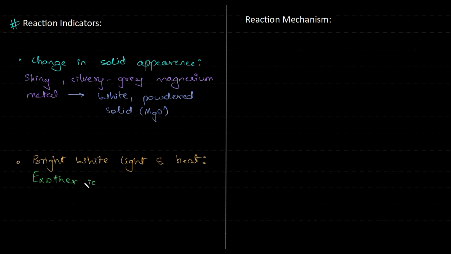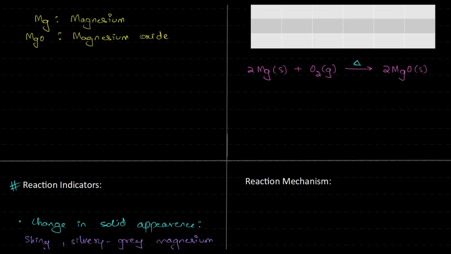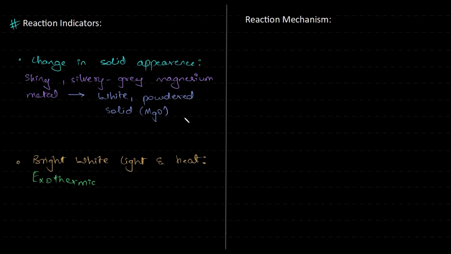Actually I didn't make it clear in the reaction: plus light and heat. So basically we're looking at an exothermic reaction. It produces a bright white light, I've written that, and a significant amount of heat. Okay, I think these are the two big indicators.